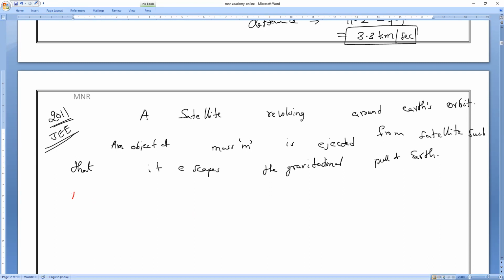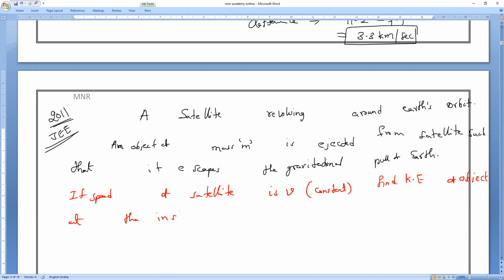If the speed of the satellite is v, that is constant, find the kinetic energy of the object at the instant of its ejection. So that is the question.